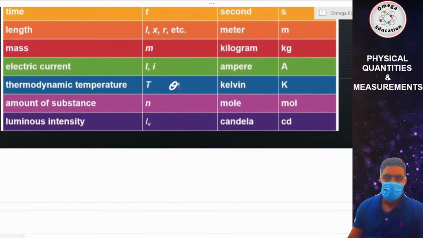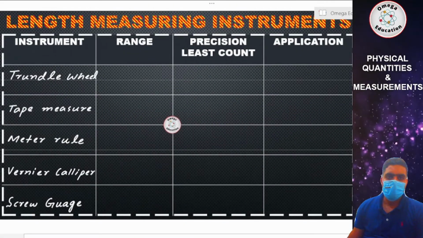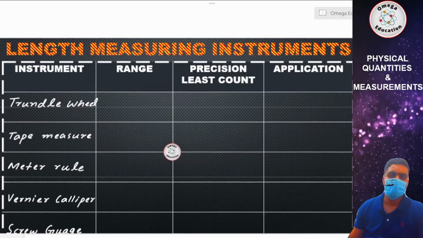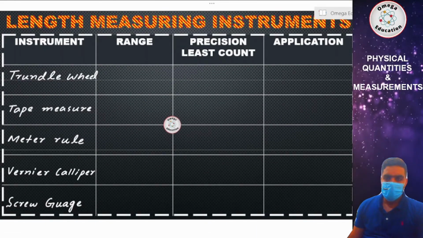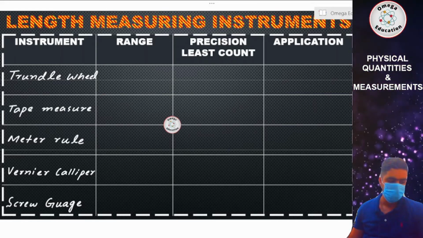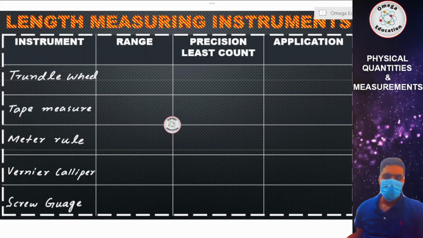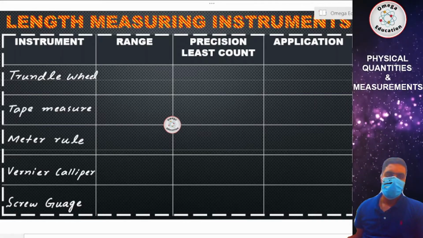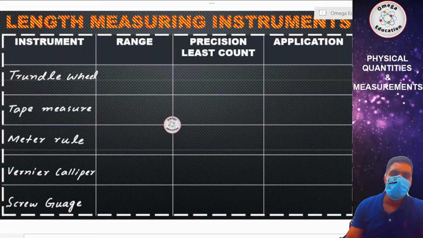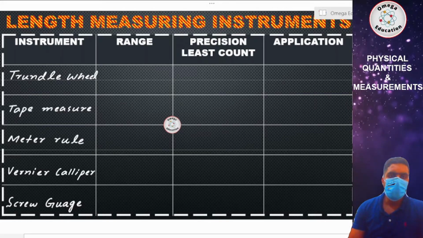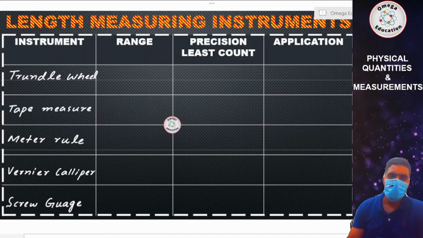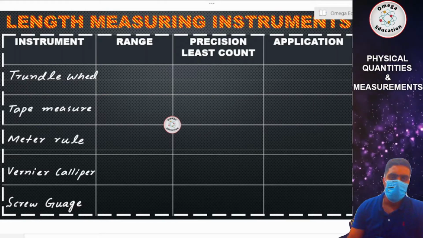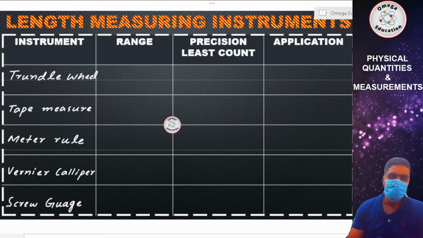Let's move on to the next thing, length measuring instruments. We're starting with the length measuring instruments, and generally in our syllabus they ask us questions from these 5 length measuring instruments, and I've written them in decreasing order of their range.